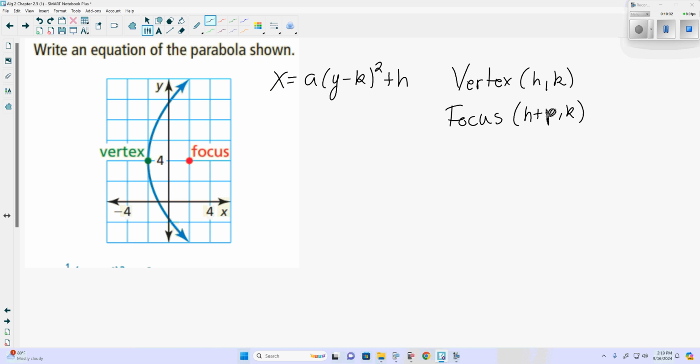Y'all see that there. Now this is nice because it gave us the graph, yes? Now the vertex is over here at the point -2, 4. The focus is at the point 2, 4.